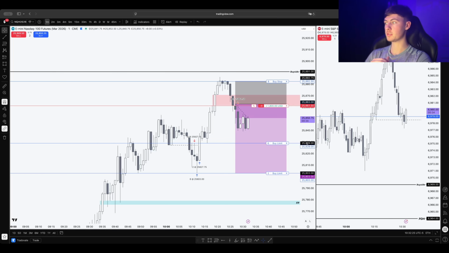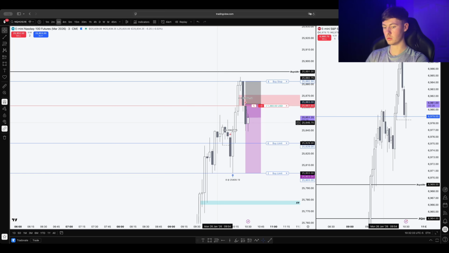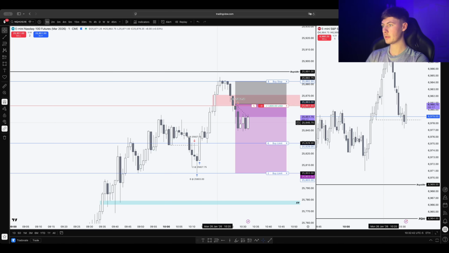But yeah, super clean displacement. Still haven't even mitigated any gaps on the 2 minute or the 3 minute. So, I mean, we've just mitigated the 2 minute there on a yes and the 1 minute. So we should fall back to the downside.